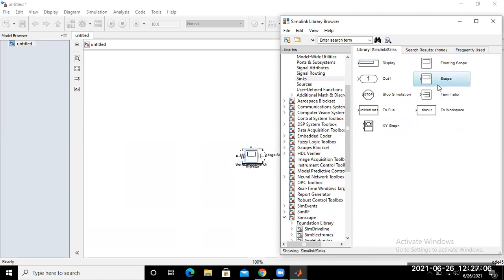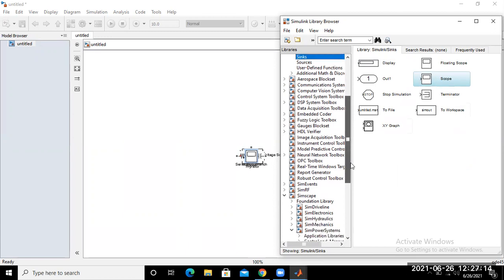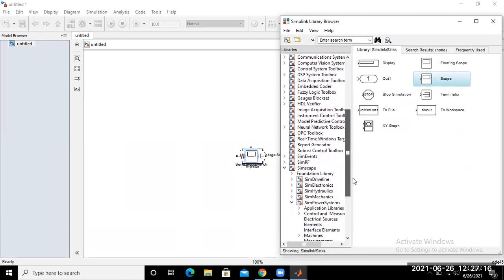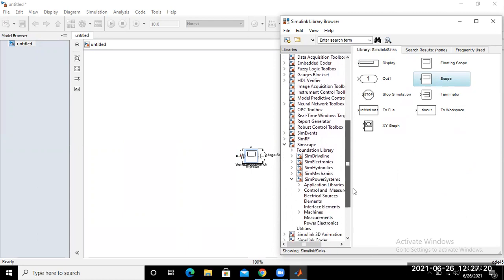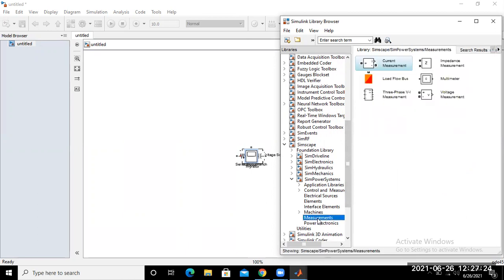And next, for measurement of the voltage waveform of the input and output, we go to the measuring instruments. Again go to CMSCAP and SIM power system, and you will find the voltmeter in measurements. So just add your voltmeter.